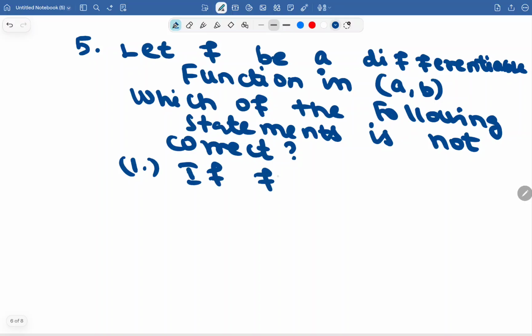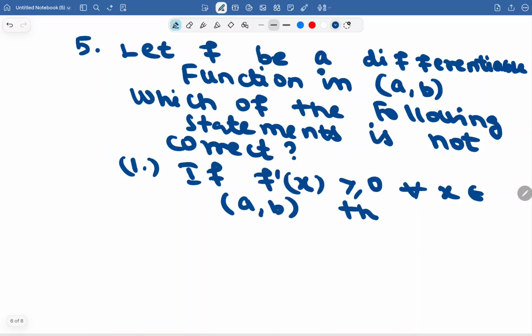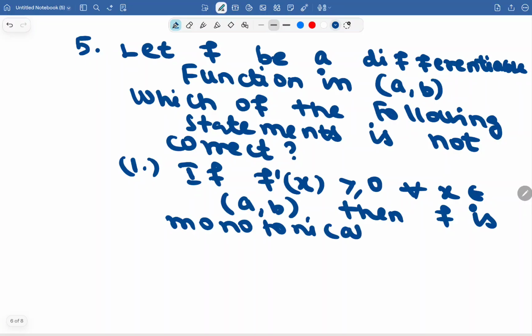First option, if f dash of x greater than or equal to 0 for all x belongs to open a comma b, then f is monotonically increasing.